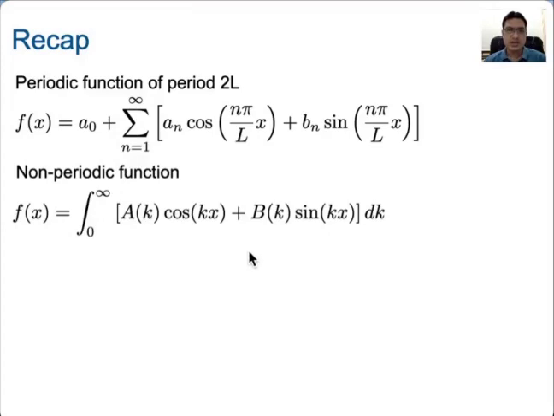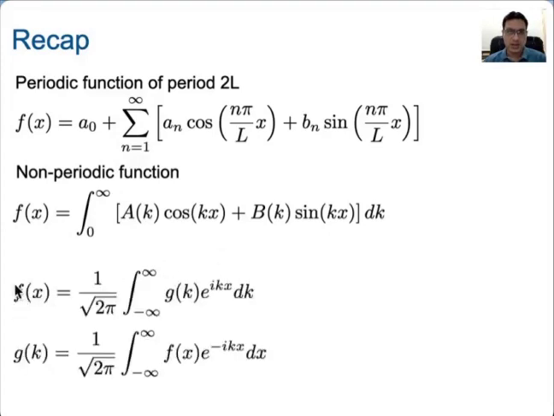This gives a new relation: f of x is related to g of k, where g of k is written in terms of a_k and b_k.